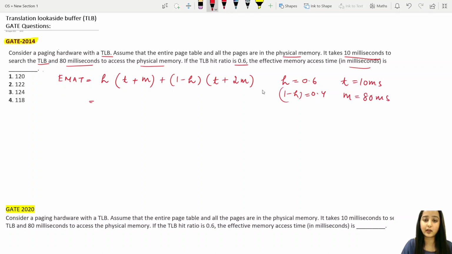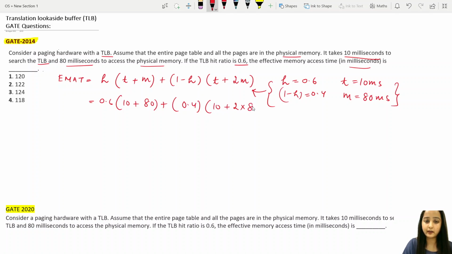Let me put all these values in this formula. H is 0.6, T is 10, plus M is 80, plus 1 minus H is 0.4, then T is 10 plus 2 multiplied by 80.